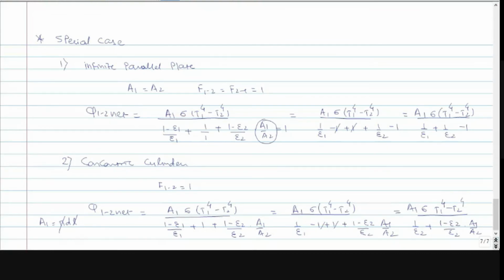Now we are going with the third case. The third case is very useful in numericals: when a small body is located in a large enclosure. Suppose this is my small body number 1, which is located inside the large enclosure.